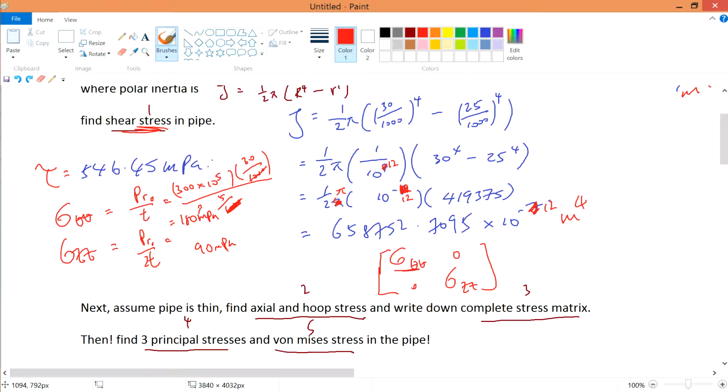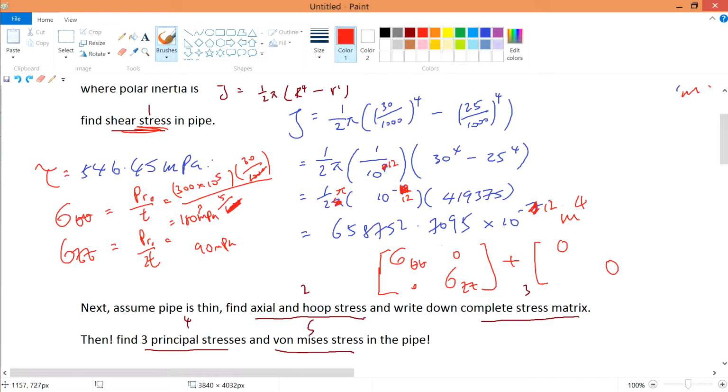Sigma theta theta is straight away the largest number, so I put it here. This must be the largest, and this must be the smallest. Add to that the shear stress that we found earlier. There will be no normal stresses in those positions, because the normal stresses are here and here, but we are turning here and here only, so the normal stresses are in fact 0.